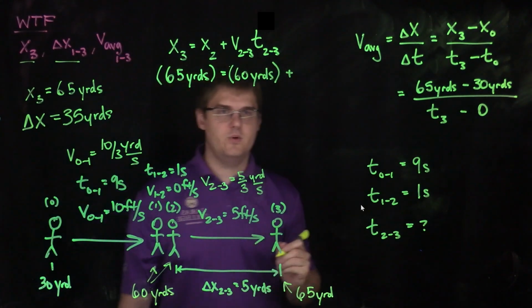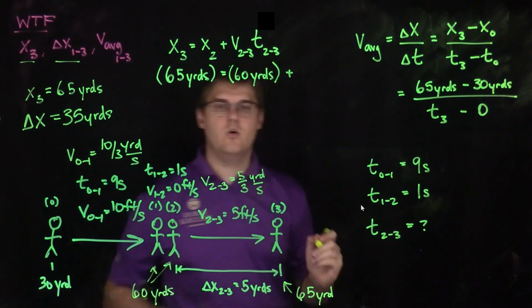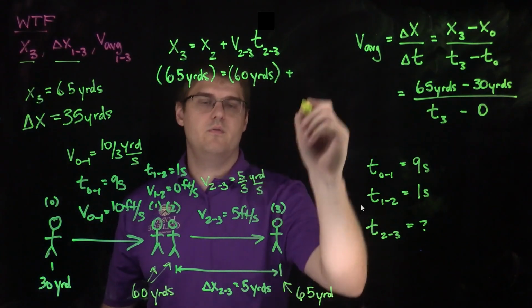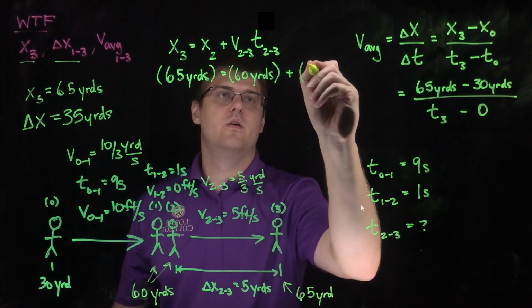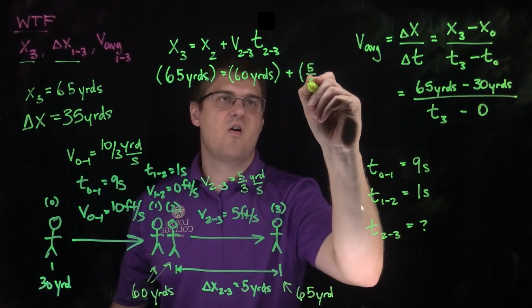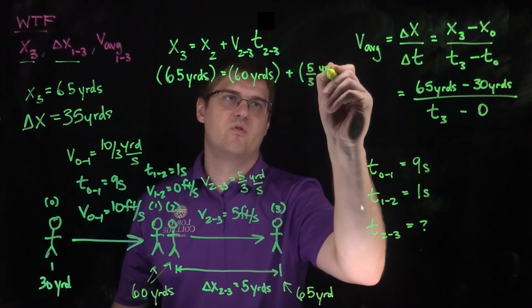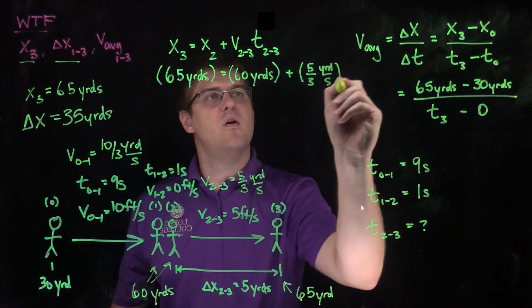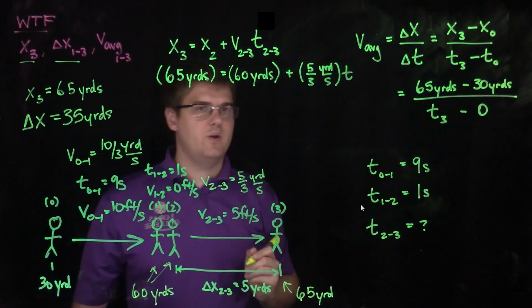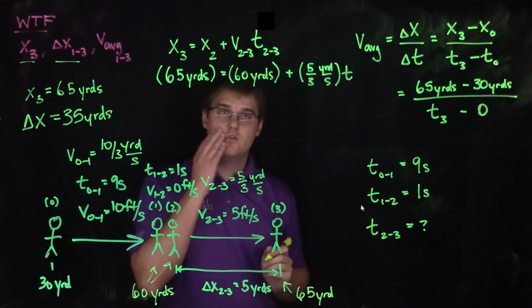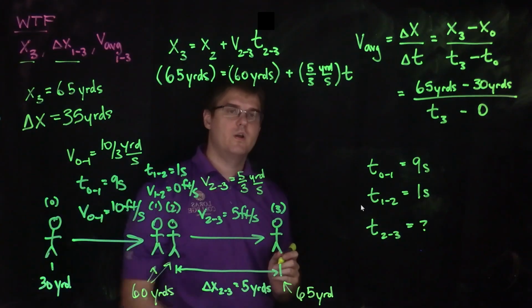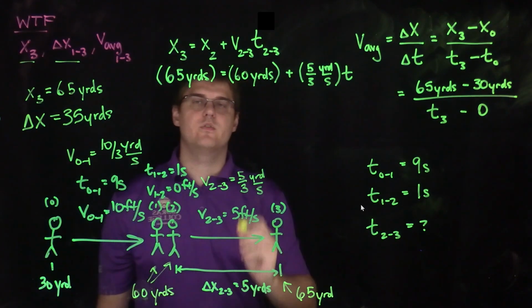My velocity between 2 and 3, I know, is 5/3 yard per second. And my time 2 to 3 is what I'm trying to find. So I have one equation, one unknown. Should be able to solve that.